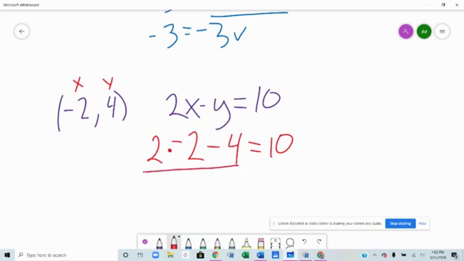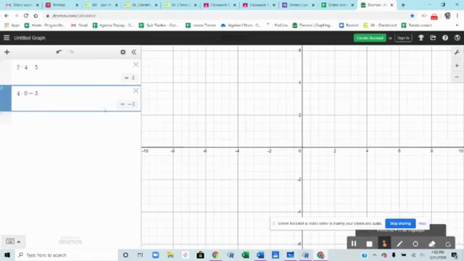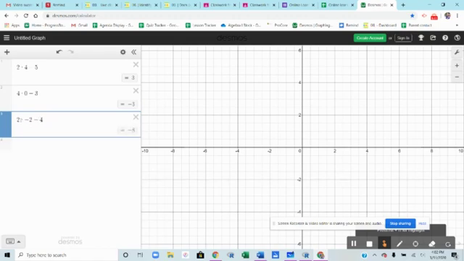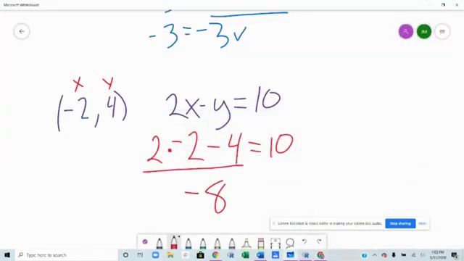The left side you can type into Desmos: 2 times -2 minus 4 gives you -8. Does -8 equal 10? No, it does not, so this is false.